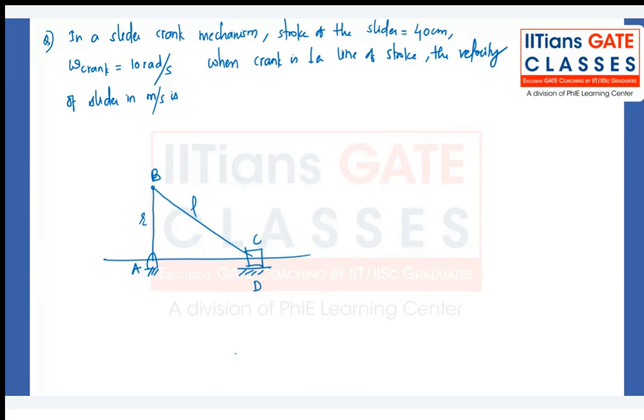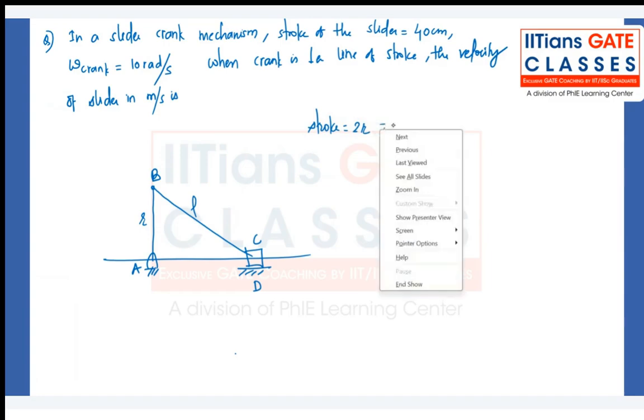Stroke of the mechanism is how much? If length of the connecting rod is L and R is the length of the crank, stroke is how much? 2R, correct? 2 times the crank radius is the stroke. And how much is it given? 40 centimeter.